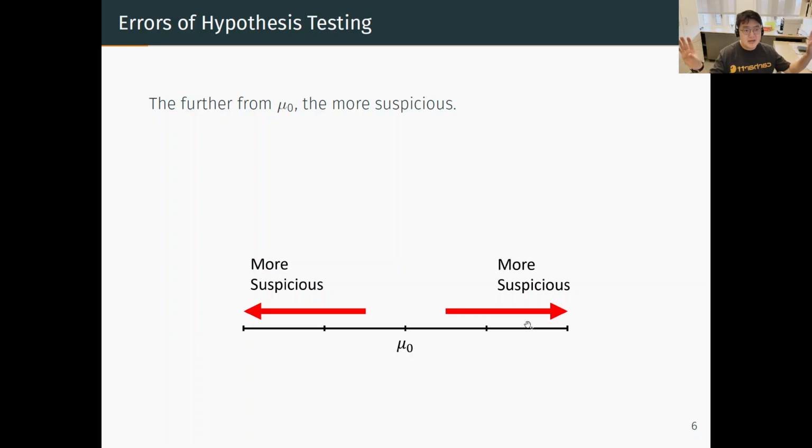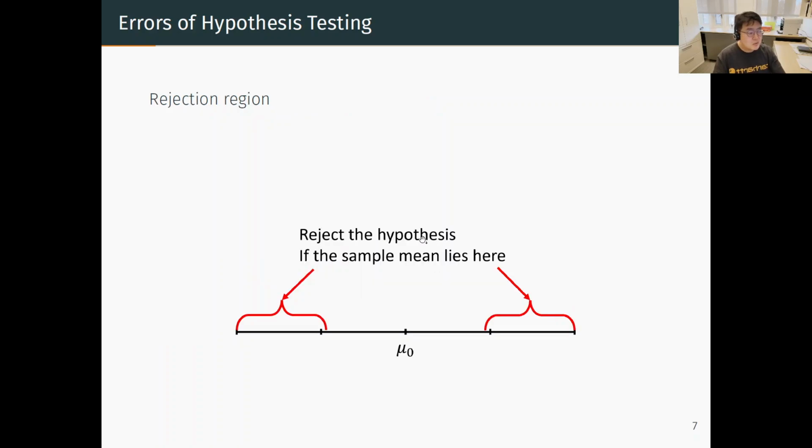So the further from the hypothesis, the more suspicious, obviously. Based on this idea, we are going to reject the null hypothesis if the sample average lies somewhere here, outside, far from the hypothesis. So the rejection region is the outside tails.